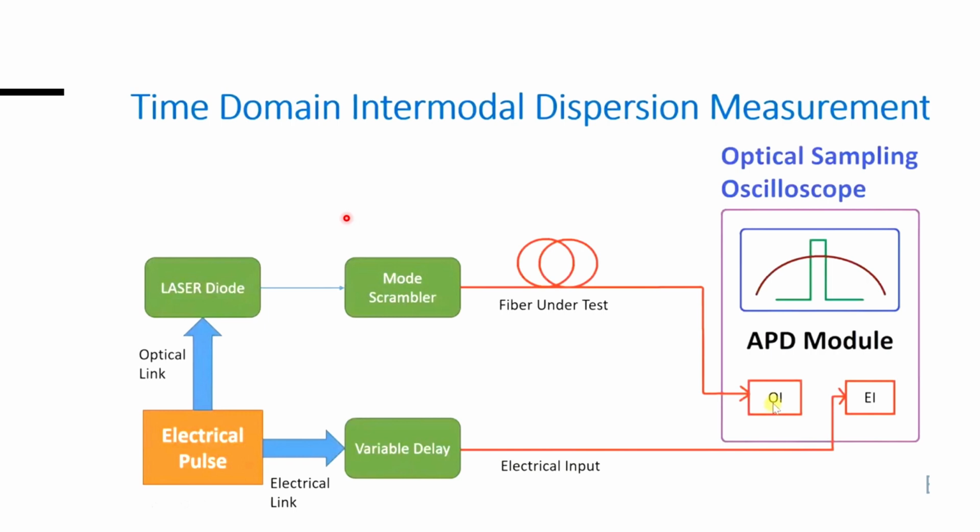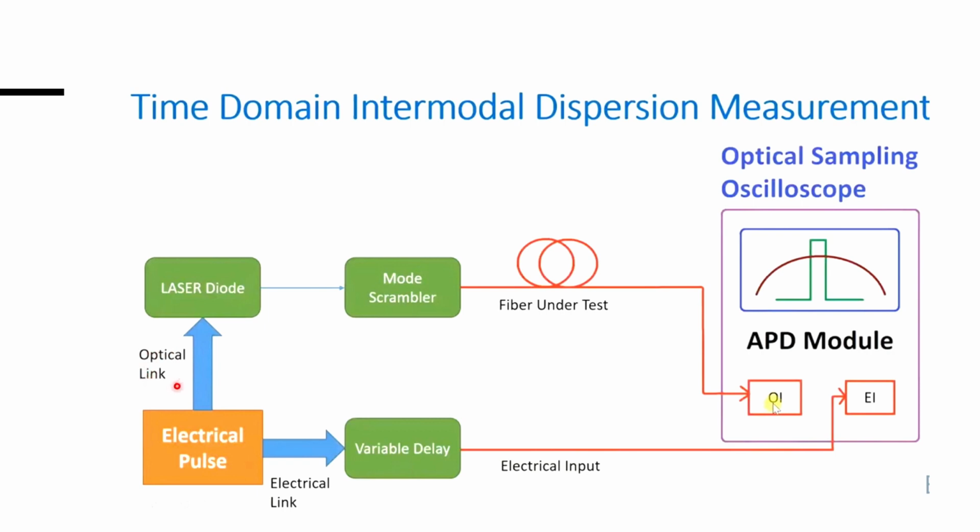Now let's get started with the time domain intermodal dispersion measurement. So in time domain intermodal dispersion measurement, we have the electrical pulse block, laser diode block, mode scrambler, variable delay, fiber under test, and optical sampling oscilloscope. This block is used to generate the electrical pulses, and there are two links, optical link and electrical link.